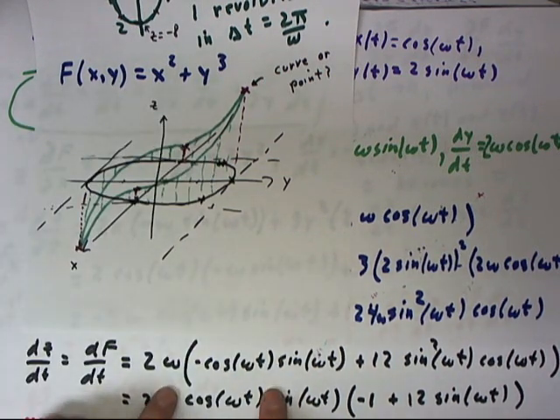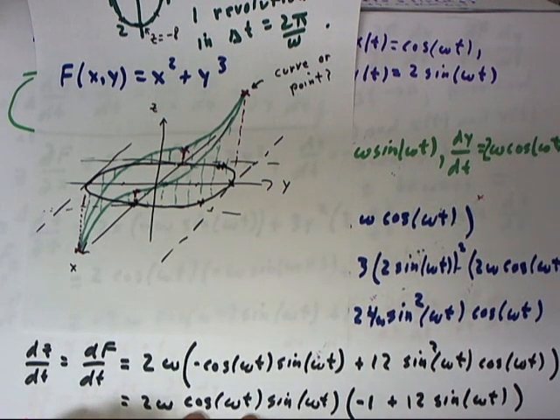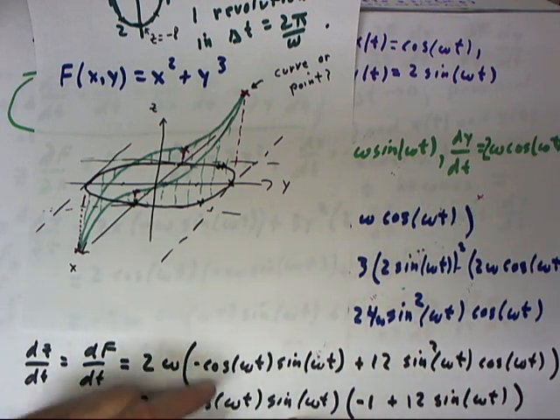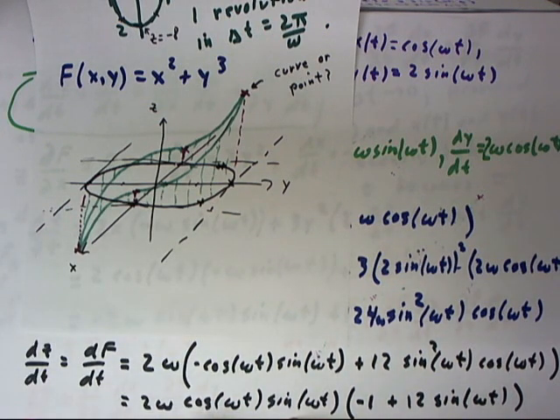So really, we're just looking at how the cosine of omega t changes, and the cosine of omega t changes very smoothly. In the neighborhood of a point where the sine of omega t is close to 1, the cosine of omega t is going to be close to 0. And it's also going to be going from positive to negative. As the sine reaches 1 and then starts decreasing again slightly, the cosine is going to go from positive to negative.